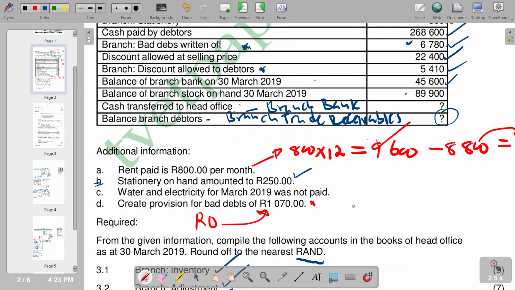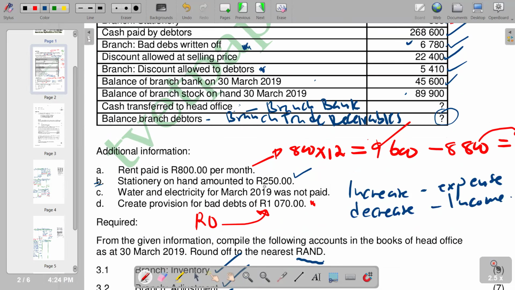Remember, when it is an increase in provision for bad debts, it is an expense. When it is a decrease, it is income. For example, if the previous period amount of provision for bad debts was 2,000, we would have a decrease from 2,000 to 1,070, which is supposed to be income of the difference. So in this case, it's an increase, so it's an expense.